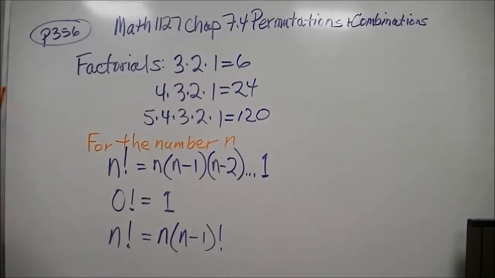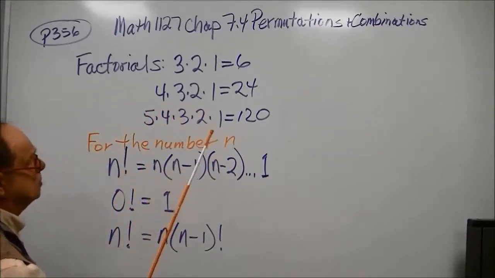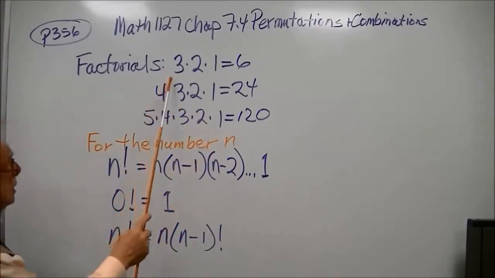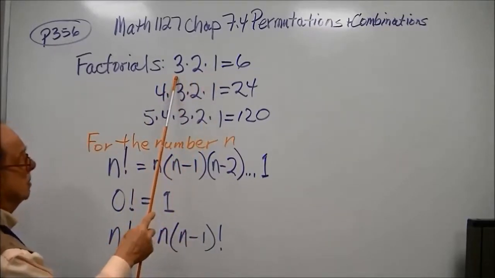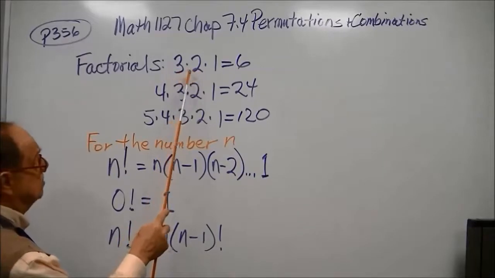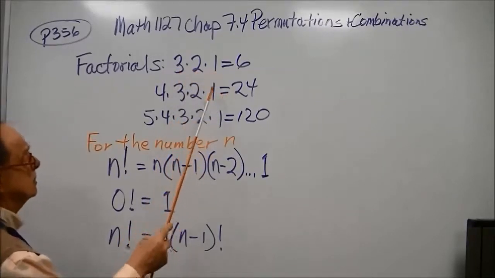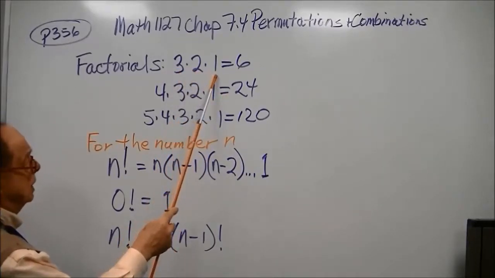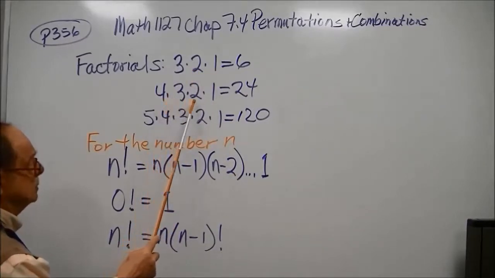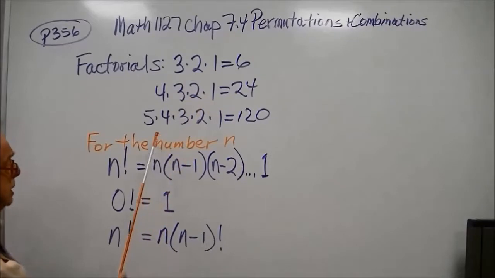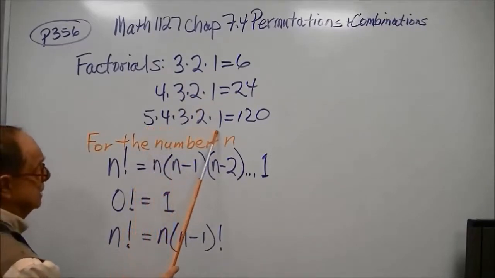Now, mathematicians have developed a little math procedure. When you have something like this, you're starting off with the number 3 and you're multiplying it by each of the natural numbers until you get to 1. And here you start with 4, multiply it by each of the natural numbers till you get to 1. 5, the same.